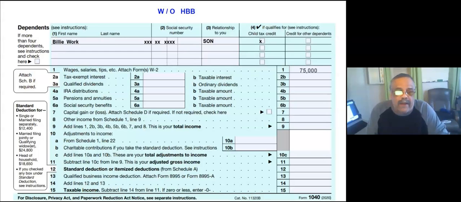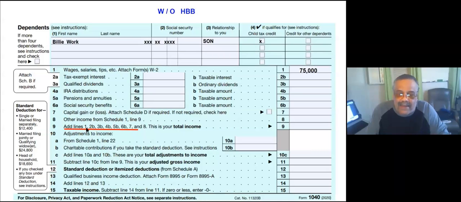This is how they'll fill out their tax form. They made $75,000 in wages and salary. Okay? They don't have any tax exempt interest, no qualified dividends, no IRA distributions or pensions and annuities. Okay, no capital gain, no other income.